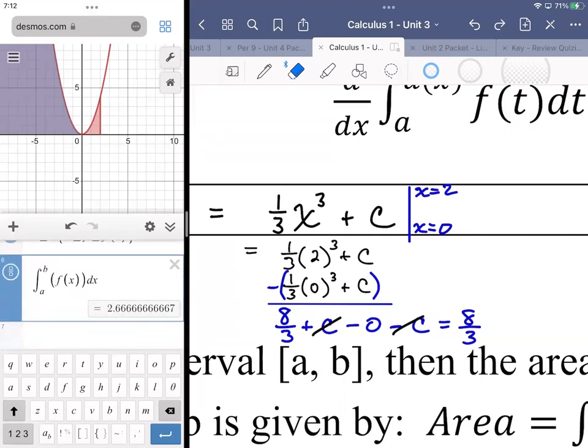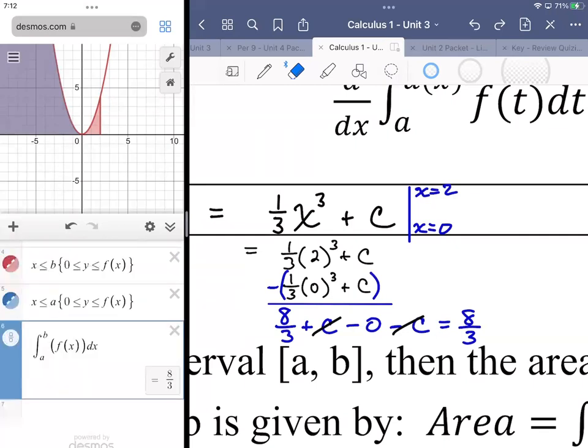And then you have the antiderivative as a, well, it's a definite integral, but the one thing it won't do is compute the antiderivative for you. It won't give you the 1/3 x cubed, but it will give you the result of the operation.